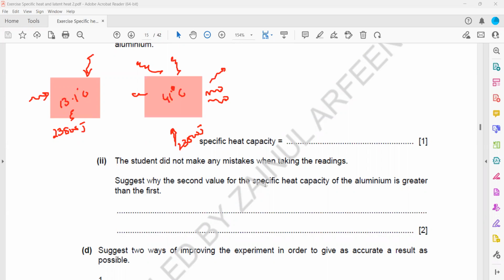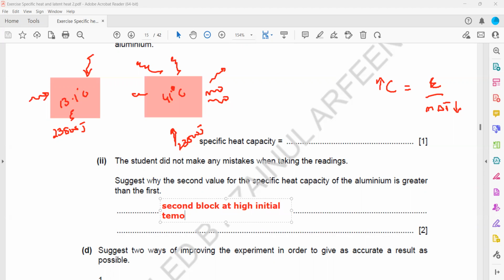When the temperature change is small, the specific heat capacity will be higher, because we have the formula: specific heat is energy divided by mass and temperature change. Small temperature change, higher specific heat capacity. So the second block, at high initial temperature, lost heat energy to the surrounding.